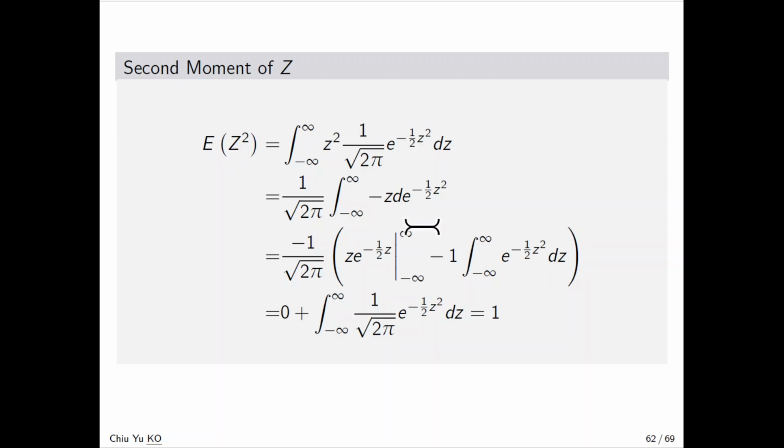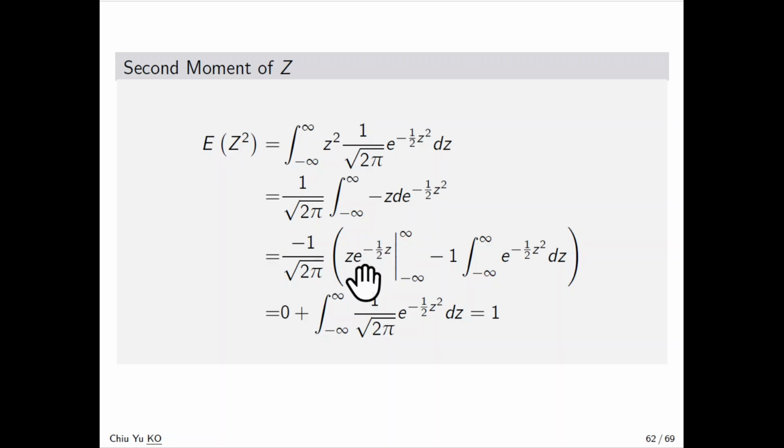So we want to find the second moment, which is z squared. And now we need to do the trick of integration by parts. So you take the square root of 2 pi out and the dz there, so you put it inside and do the integration by parts, you multiply it, right?